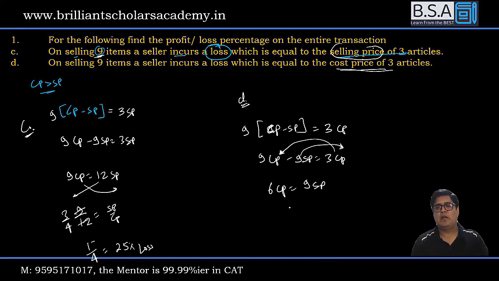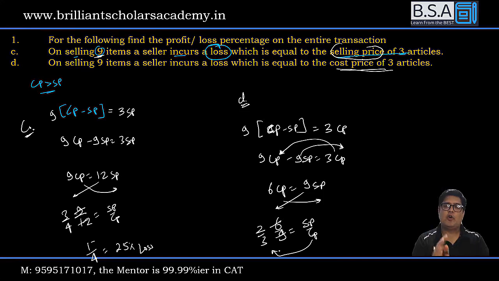I'll cancel out now. I'll bring this down and this down. 6 upon 9 is equal to SP by CP. Cancelled, cancelled, 2 by 3. So there is a loss. It looks like what is in front of CP? 3. So cost price looks like 3. Selling price looks like 2. What is the loss? 1 rupee loss on 3. 1 loss on 3 is 33.33% loss.